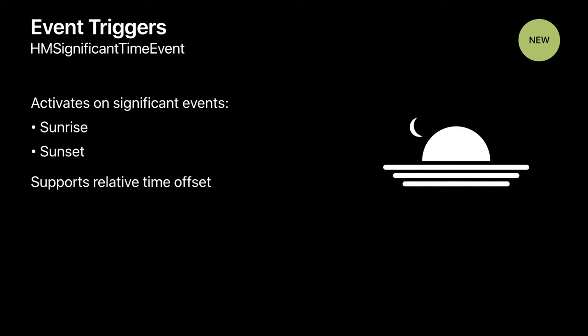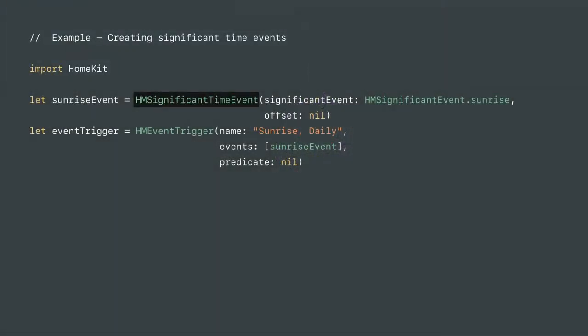Now let's go ahead and create another event trigger. This time, we want it to fire at sunrise every day. There we go. First, we create our HM significant time event. And we're going to specify sunrise as our significant event.